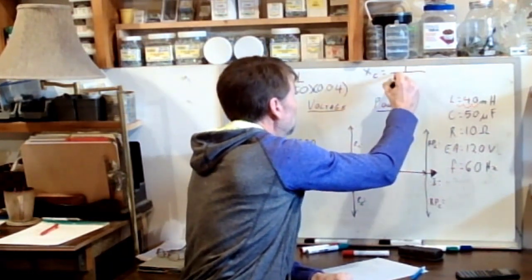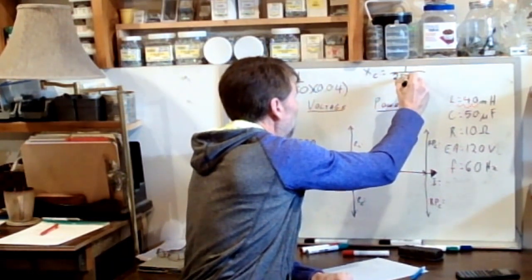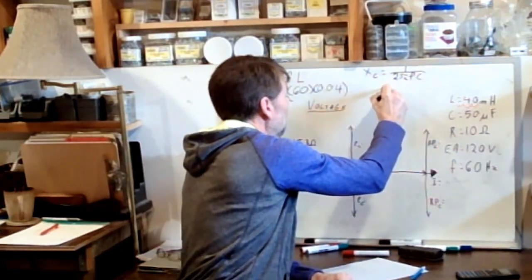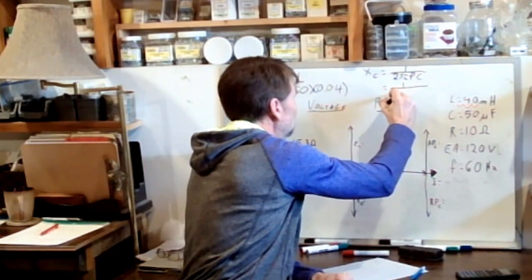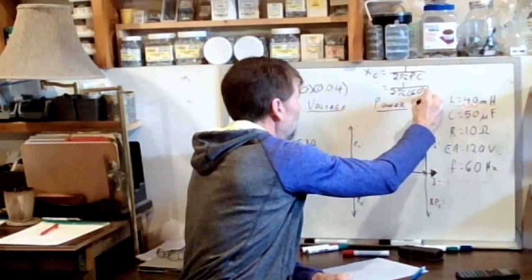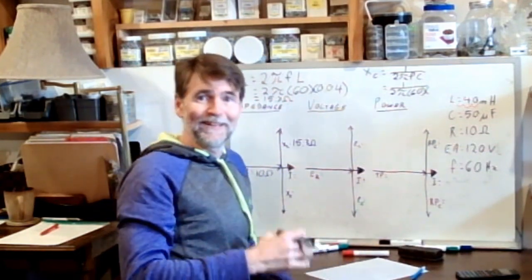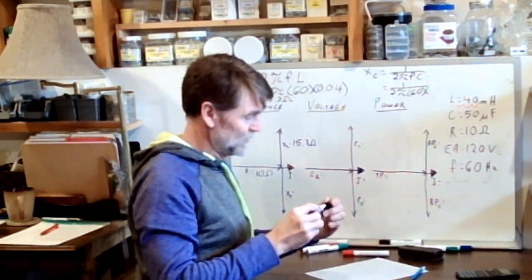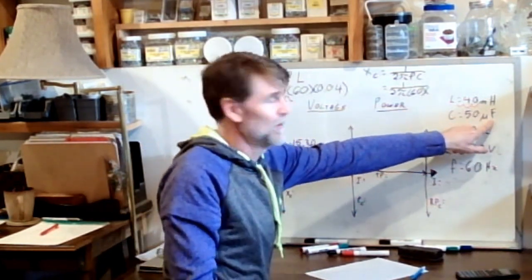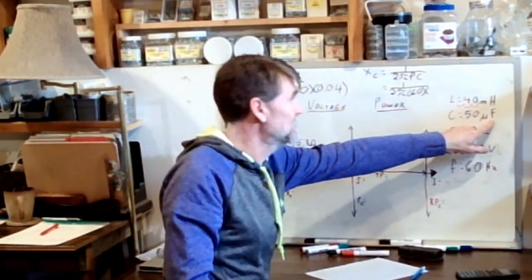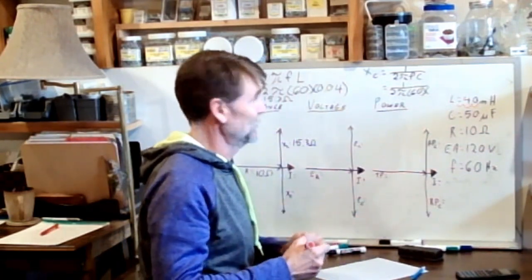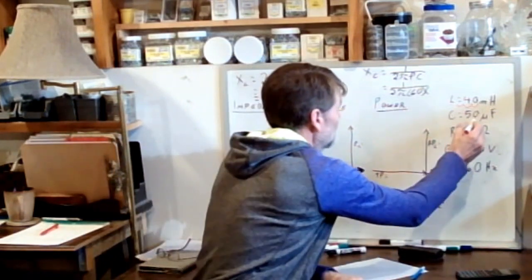XC equals the inverse of 2 pi times the frequency, which is still 60 hertz, multiplied by capacitance. And again, in the equation, this must be in its base form. So how do we get back to the base value, which is farads, from microfarads? Now we have to move the decimal place to the left 6 times.